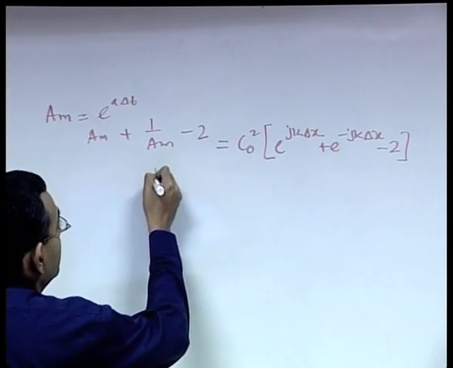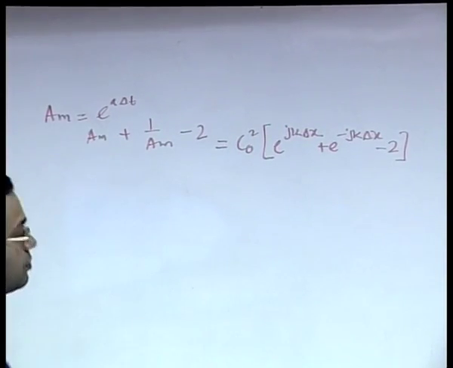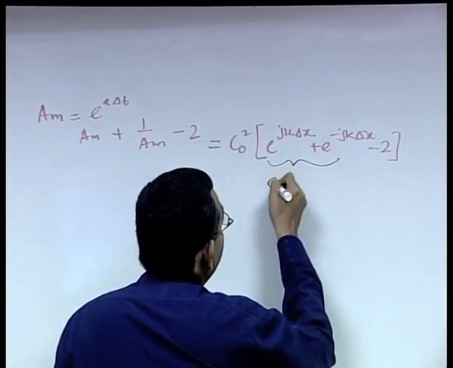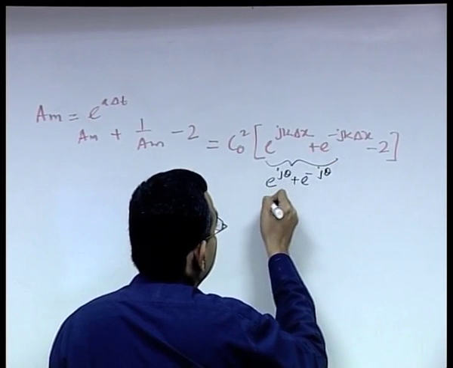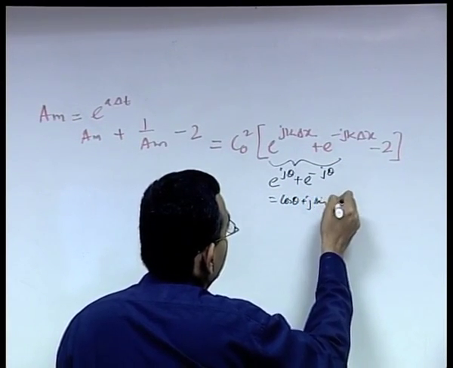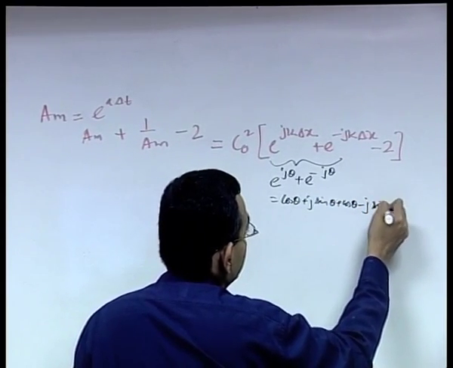We consider k into delta x equal to theta. So, this is e to the power j theta plus e to the power minus j theta. So, cos theta plus j sin theta plus cos theta minus j sin theta.